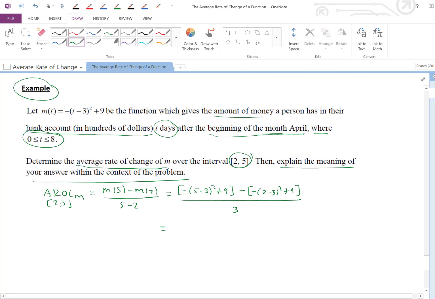And then that first part, 5 minus 3 is 2. 2 squared is 4, so that's a negative 4 plus 9. And then minus the quantity, 2 minus 3 is negative 1. Squared is 1, so it's a minus 1 plus 9, all over 3, which is 5 minus 8 over 3, or negative 3 over 3. Of course, that simplifies to negative 1.